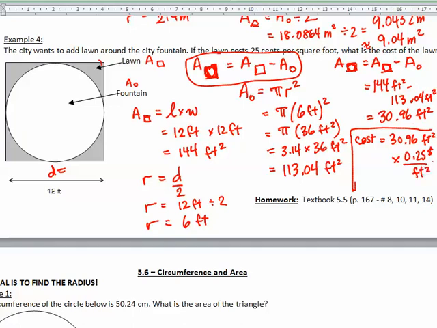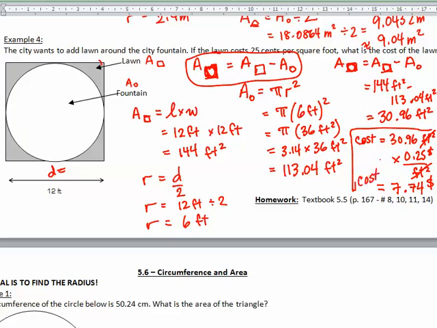So over foot squared. Then remember from chapter 2 that foot squared times something over foot squared, these will cancel out. So all I'm left with is dollars. So 30.96 times 25 cents per square foot gives me a total answer of $7.74. There's no more feet squared because they canceled out in the formula.